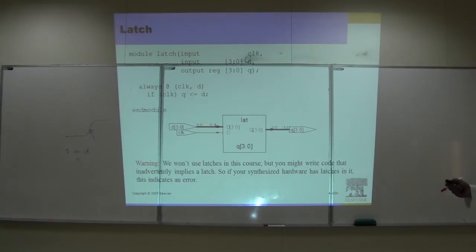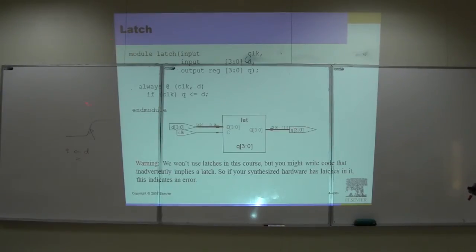But for the latch, if clock is high, the input will go to the output. Do you understand? For the latch, if clock is high, D will go to the output.